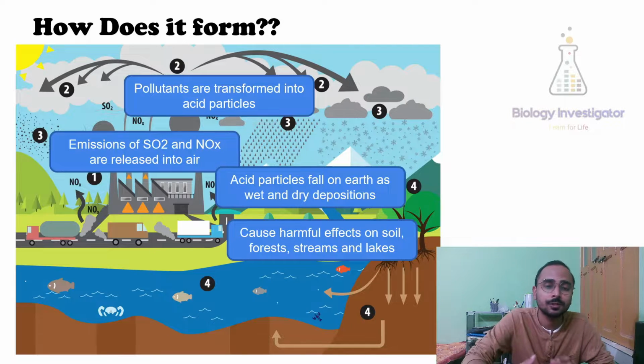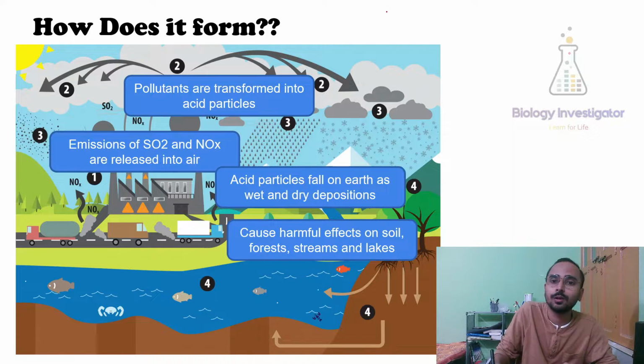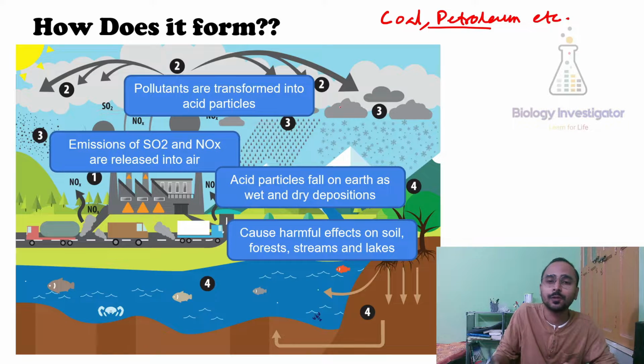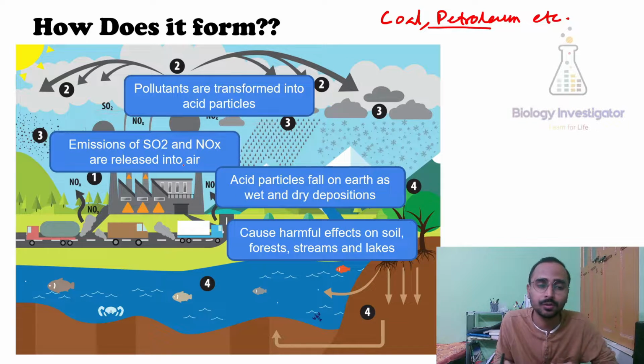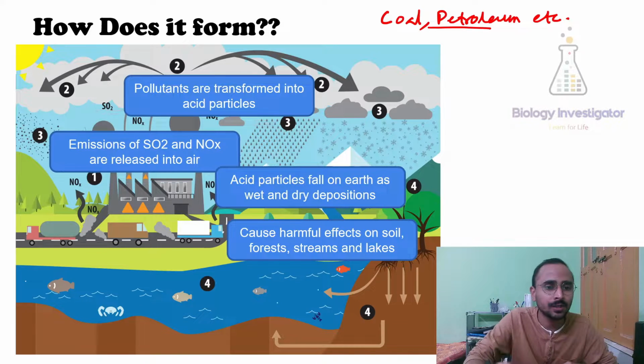Whenever we burn fossil fuels, for example coal and petroleum, sulfur dioxide and nitrogen oxides are emitted and released into air. This sulfur dioxide and these nitrogen oxides are called pollutants, because they pollute air.